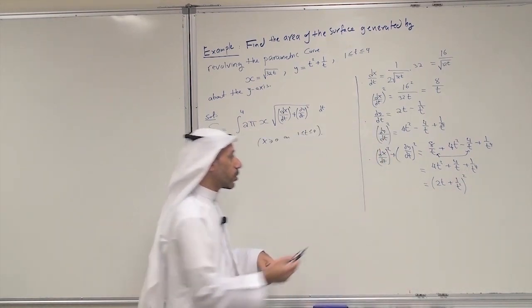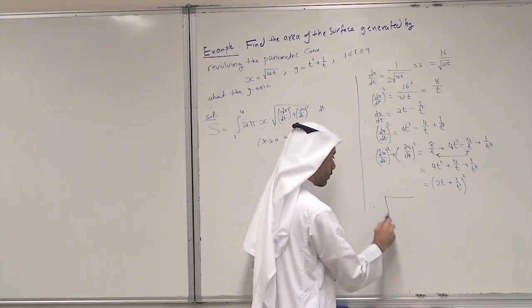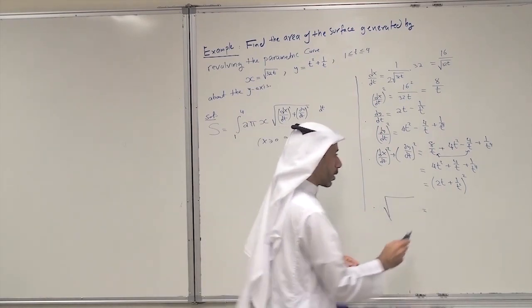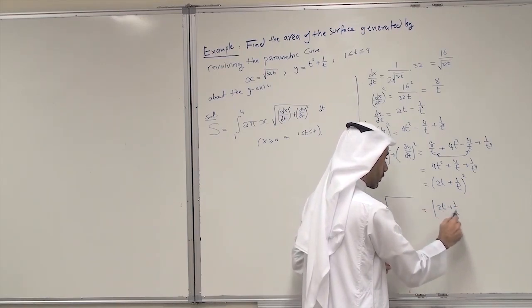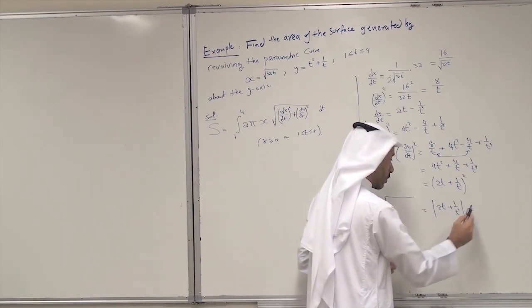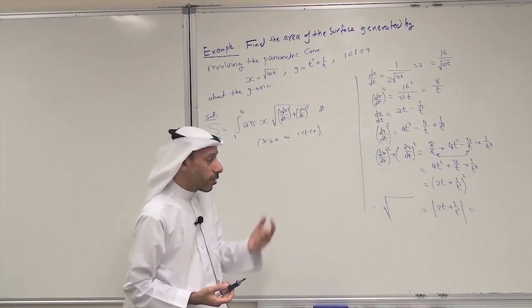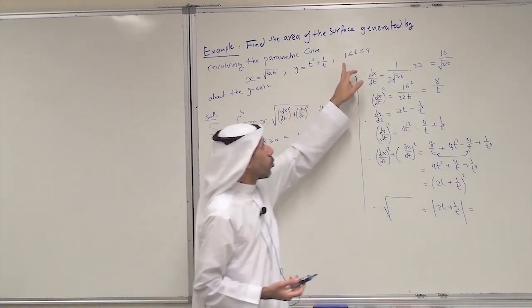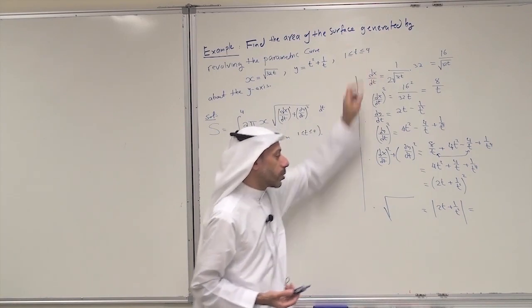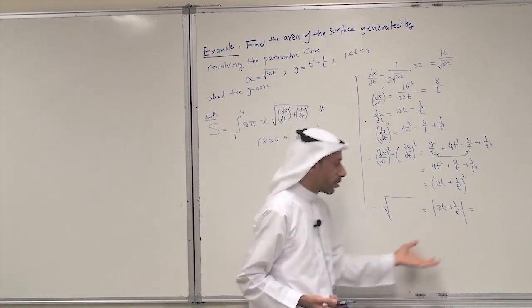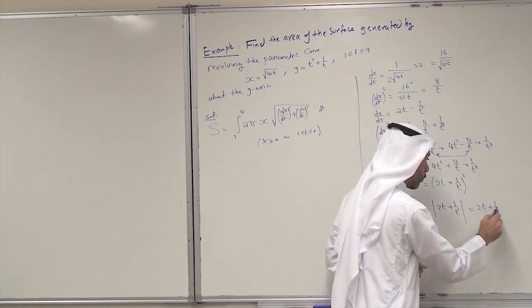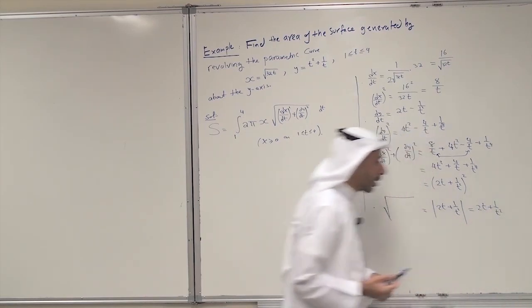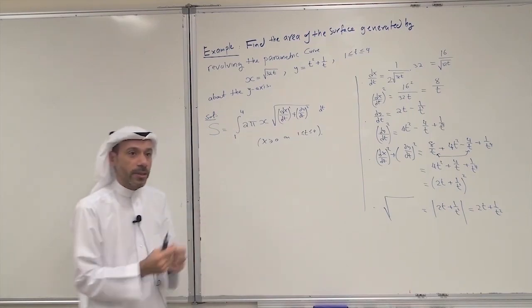Now take the square root of this quantity. It becomes the absolute value of 2t plus 1 over t². But our interval for t from 1 to 4 has positive values, so everything here will be positive. We can remove the absolute value: 2t plus 1 over t². This is the square root.